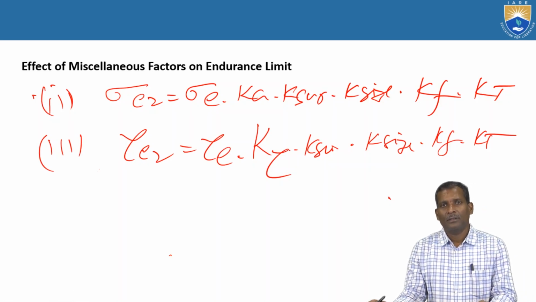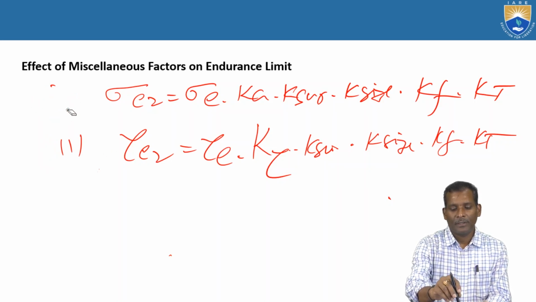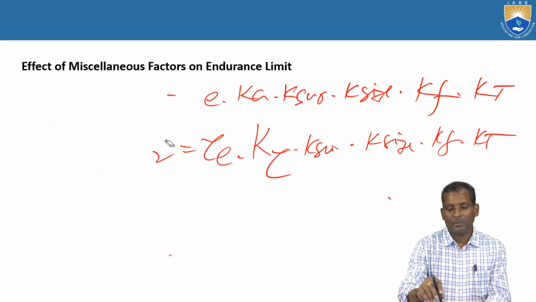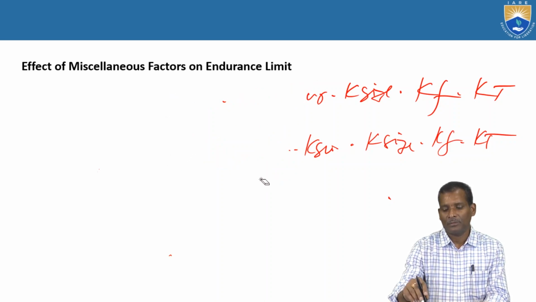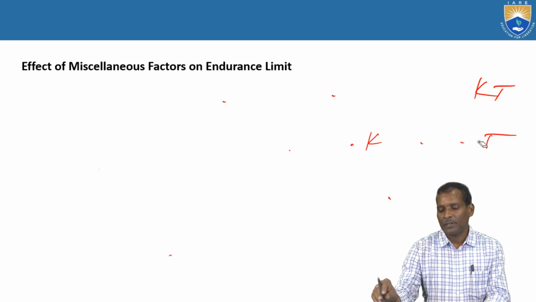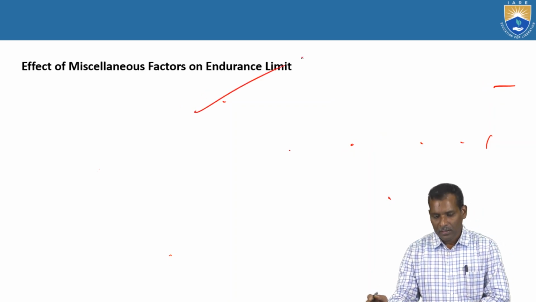So like this, we need to multiply the given factors with the endurance limit, and you can calculate the actual endurance limit. So up to now we have learned the effect of different loadings on the endurance limit and how to calculate it. This is completed.